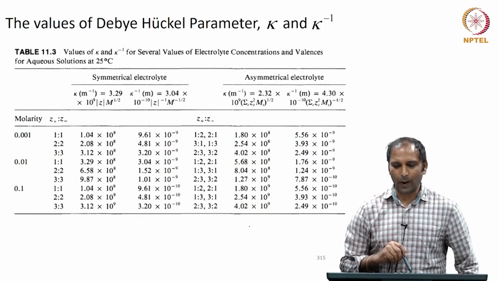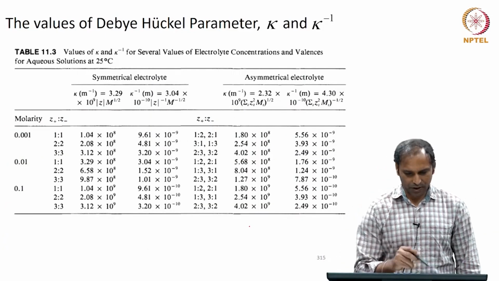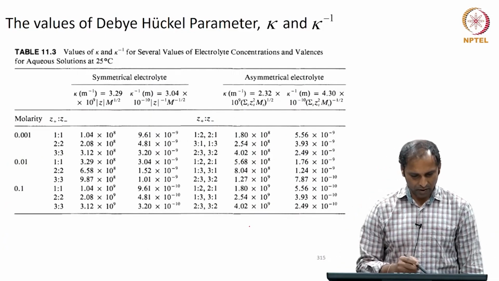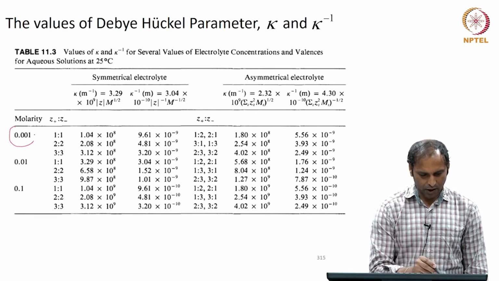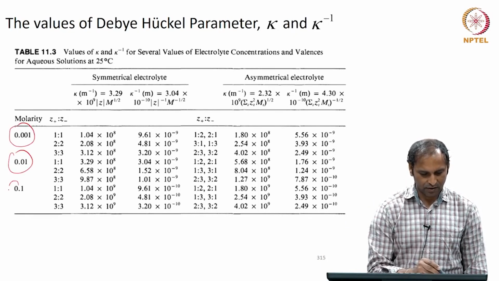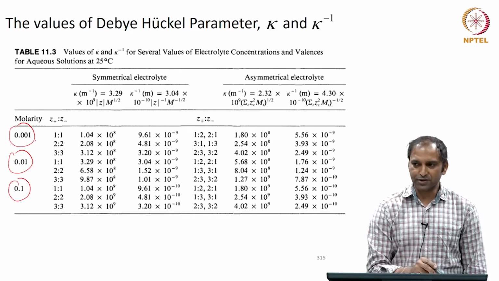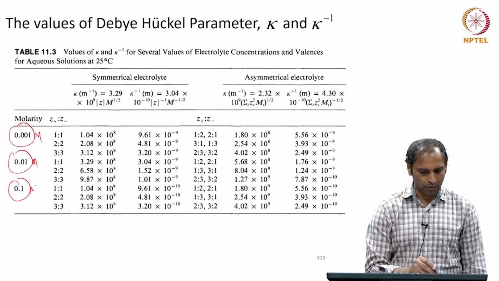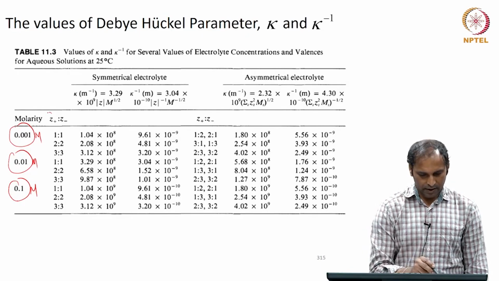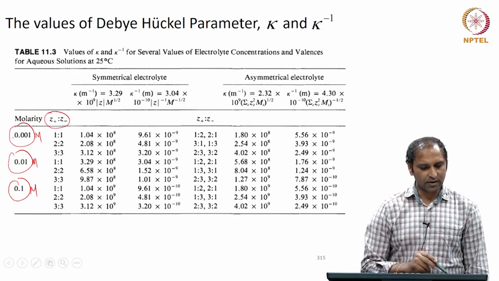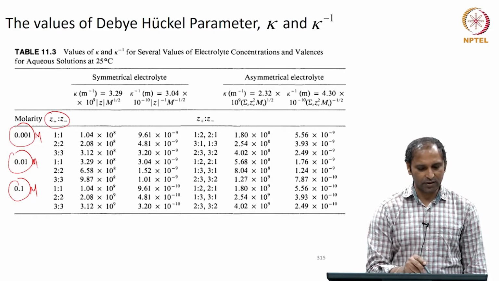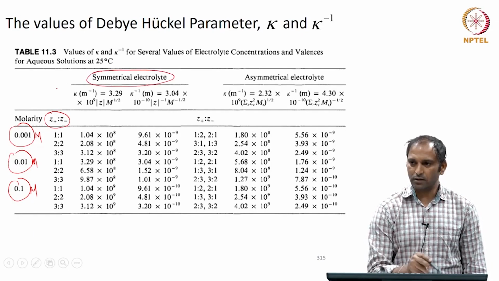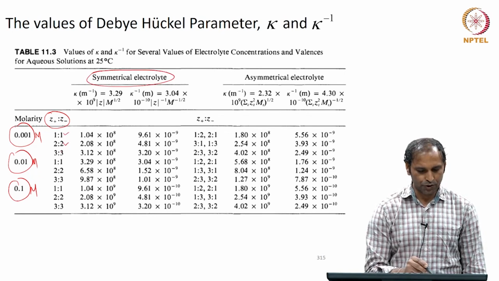So, these are some typical values, from a table that I have taken from the book. This is the molarity of the salt, at different salt concentrations: 0.001 molar, 0.01 molar, 0.1 molar. This is for symmetric electrolytes, Z is to Z: 1:1, 2:2, 3:3.